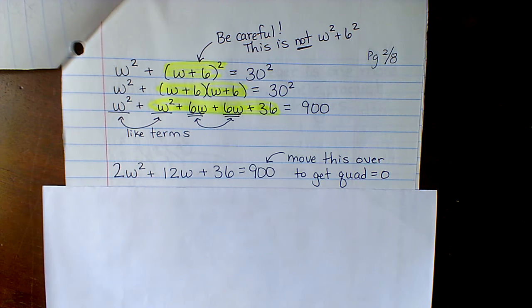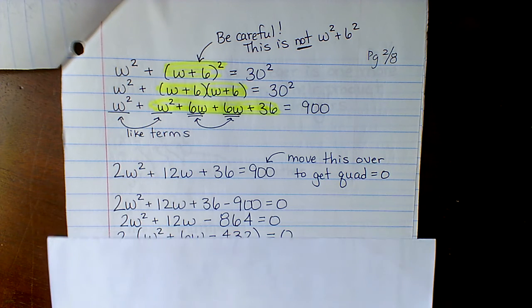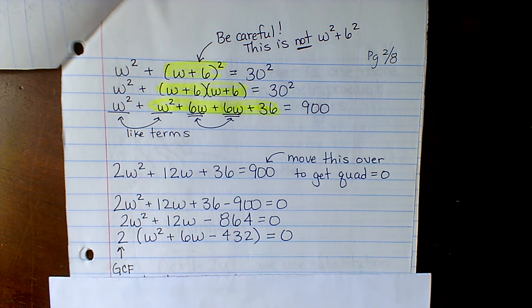Remember, once we get it in that equal to 0 form, then we can factor it or use the quadratic formula. So I move that 900 over and then combine those like terms. So 36 minus 900 is minus 864.